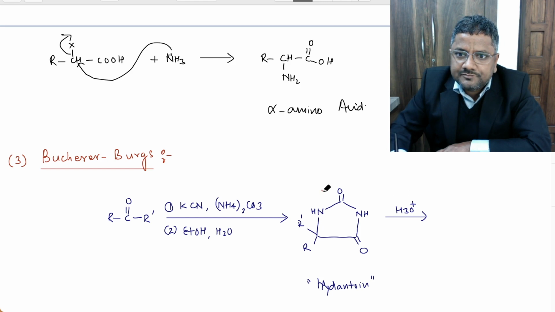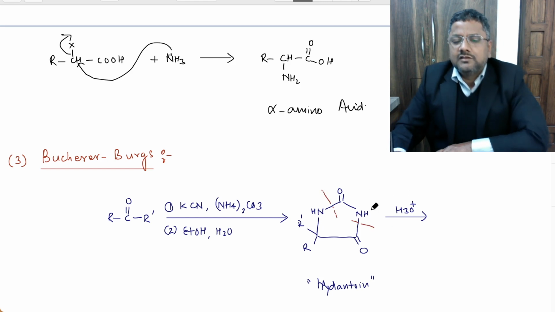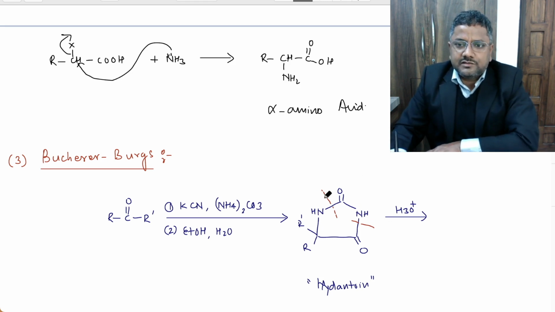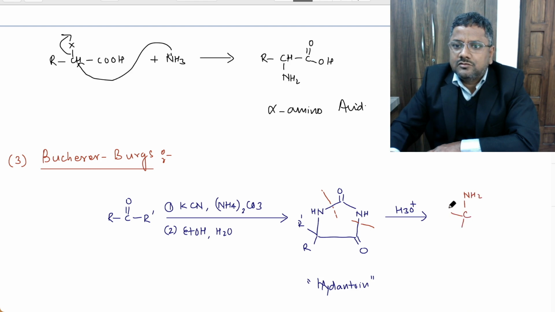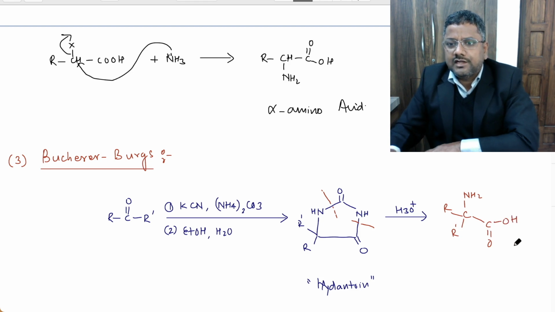So this NH2 group is here and carboxylic group is here like this. So you will get R dash, C, NH2, CO, OH, right?